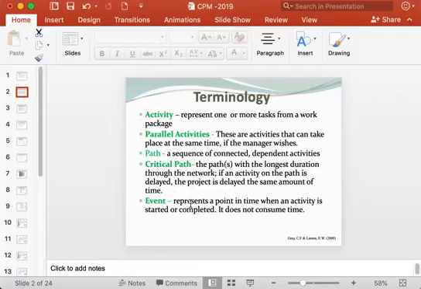An example of an event could be foundation digging started, at the beginning of the activity, and after the foundation digging is completed, then another event is foundation digging completed. So in between two consecutive events, activity takes place where time and resources are consumed.